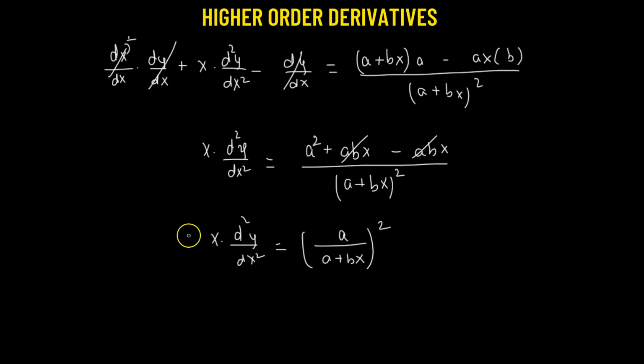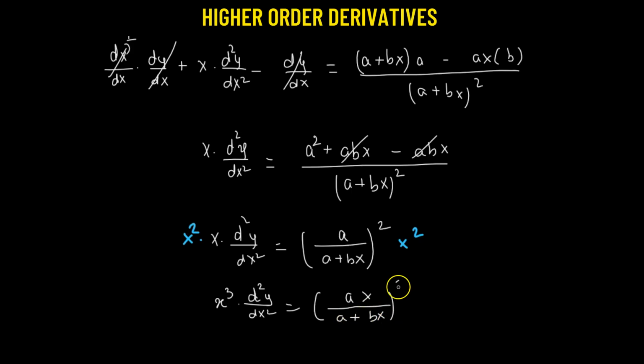Now we'll multiply x squared to both sides. And when doing so, here we'll have x cubed multiplied by the second derivative of y with respect to x. And here x squared, we'll take it inside the parentheses. So we have a times x divided by a plus bx whole squared. Why have we multiplied by x squared?